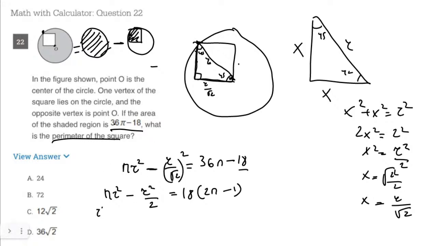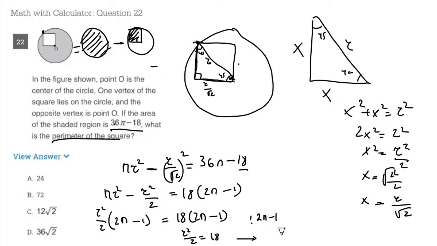I get r squared over 2 times 2 pi minus 1, and it should be equal to 18 times 2 pi minus 1. So I divide both sides by 2 pi minus 1. I get r squared divided by 2 should be equal to 18, or r squared should be equal to 18 multiplied by 2, and this is 36. So our r equals square root of 36, or 6.